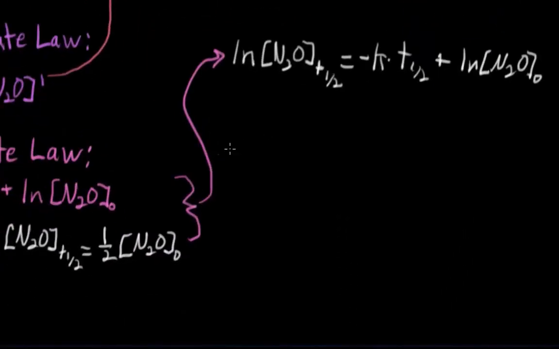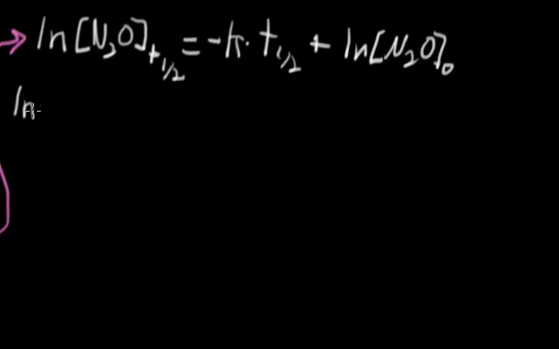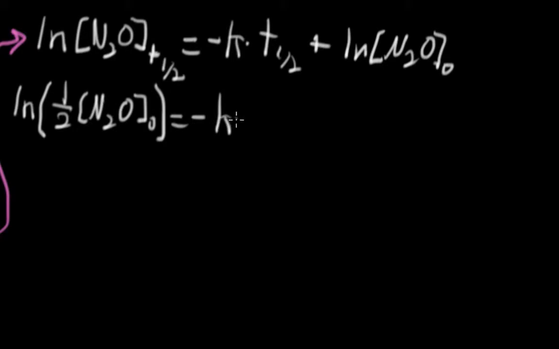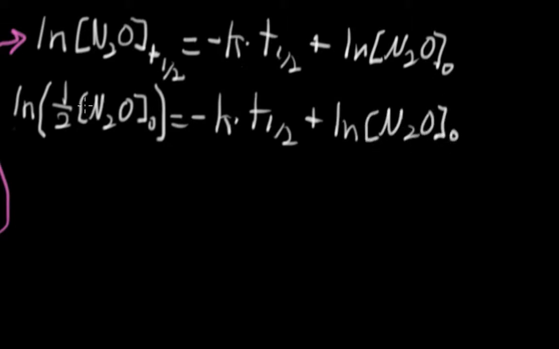Now I will substitute in our expression for the concentration at the half-life. So that says the natural log of 1/2 of the initial concentration of N2O gas is equal to negative k times our half-life T1/2 plus the natural log of the initial concentration of N2O gas.